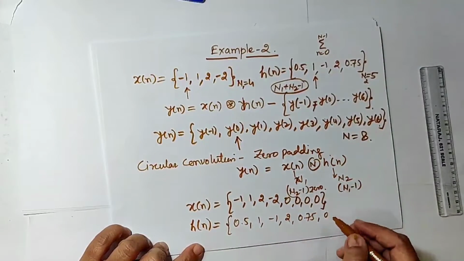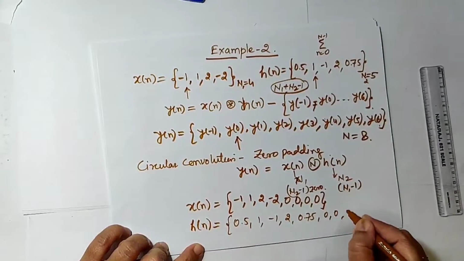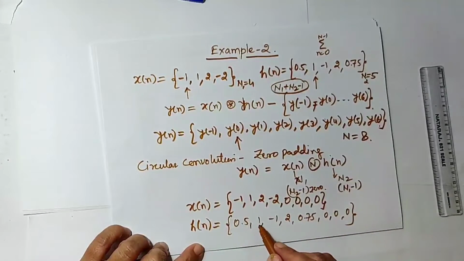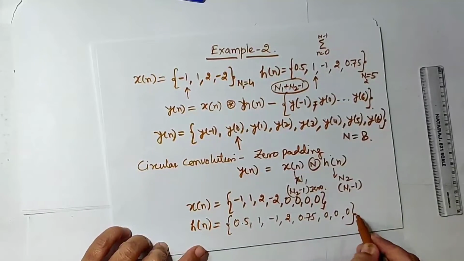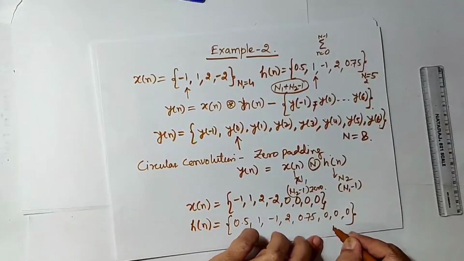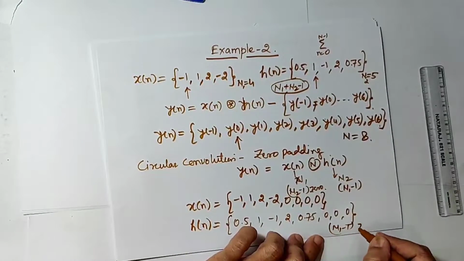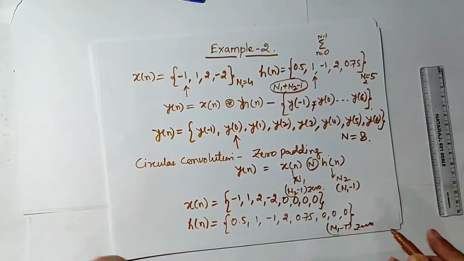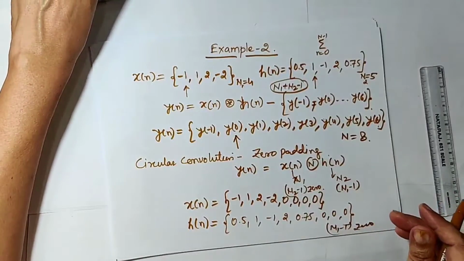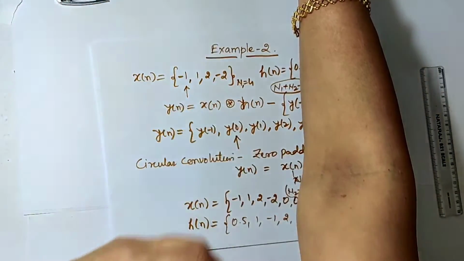How many zeros to be added? Okay, the sequence becomes this. So this is n1 minus 1 zeros. And what will be the answer? We'll be having this.